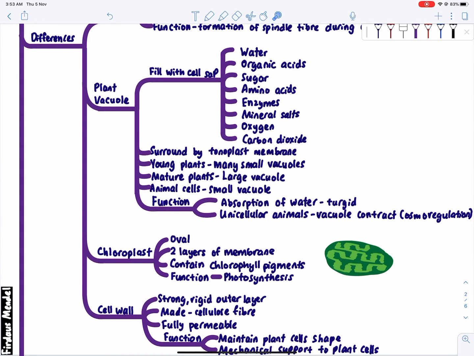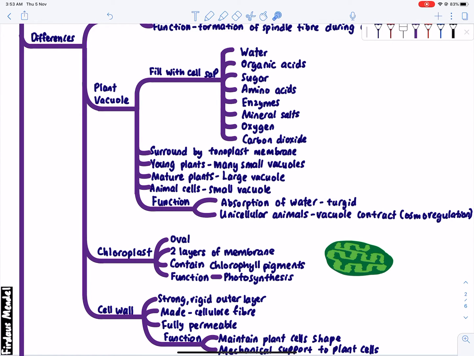And then we have the chloroplast. The structure is oval, with two layers of membrane. Of course, you cannot clearly see it in the image that I drew. It contains chlorophyll pigments. Please make sure the organelle itself is the chloroplast.